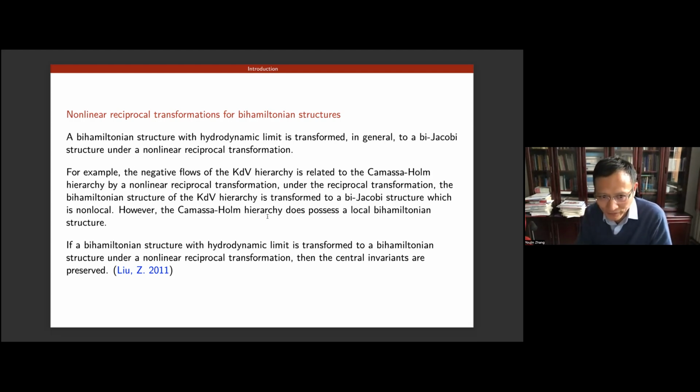But the relation of these local bihamiltonian structures is not clear for us.